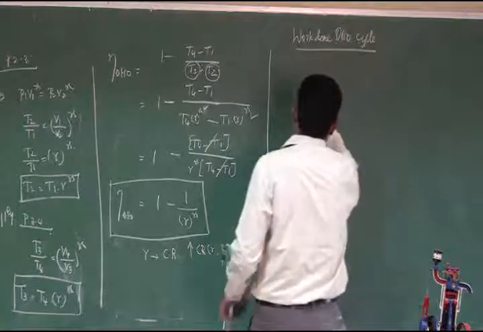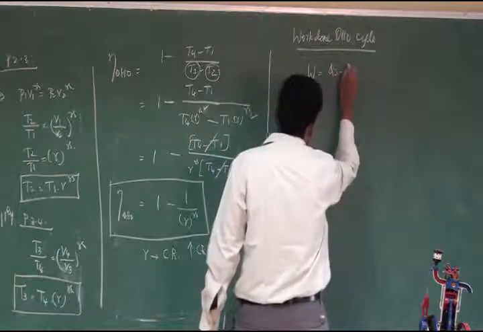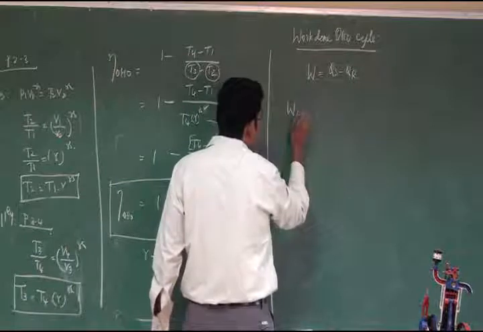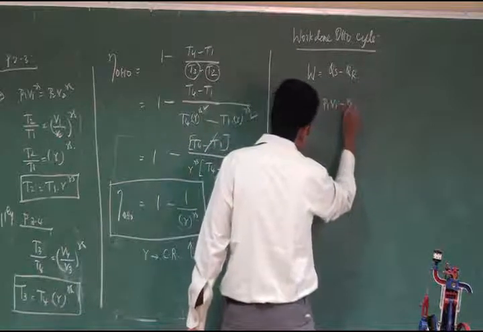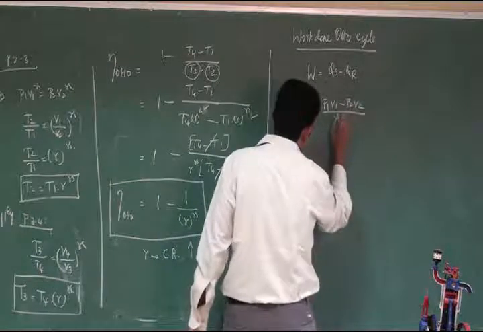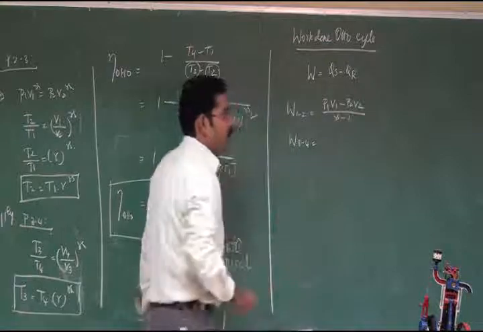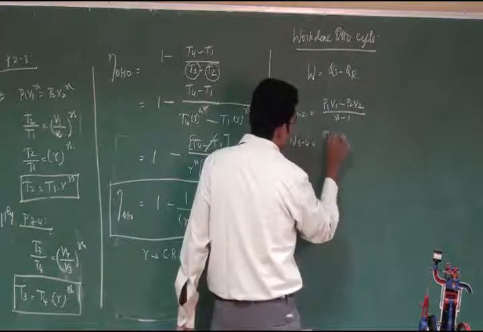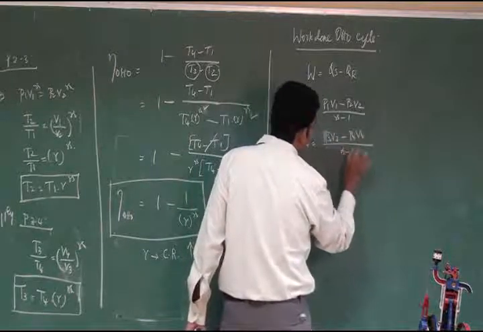Work done is generally heat supplied minus heat rejected, and by the thermodynamic law we know that work done for process 1 to 2 is P1 V1 minus P2 V2 divided by gamma minus 1. Similarly, work done for process 3 to 4 can be written as P3 V3 minus P4 V4 divided by gamma minus 1.